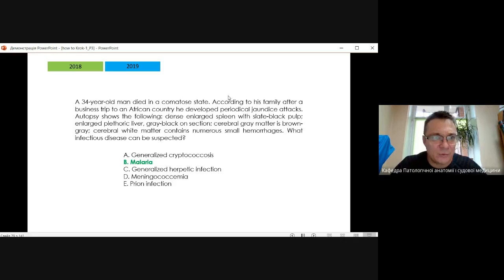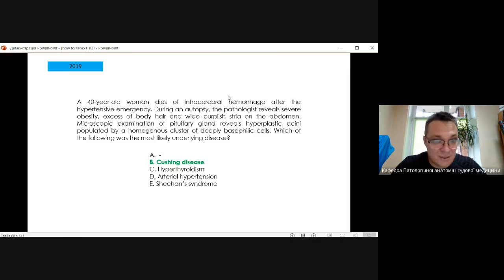Malaria appeared 2 times, quite easy. It was tropical country, and it was black coloration of different organs because of the formation of the malaria pigment or hemomelanin.